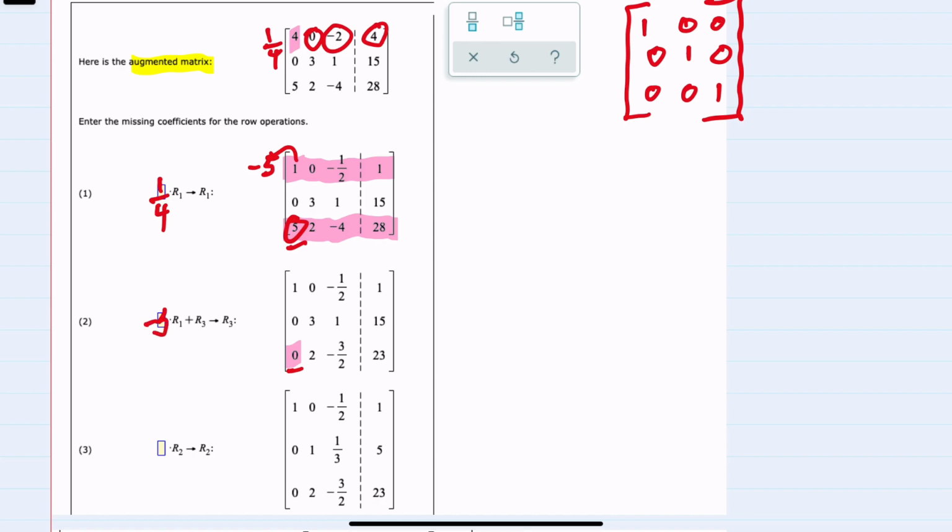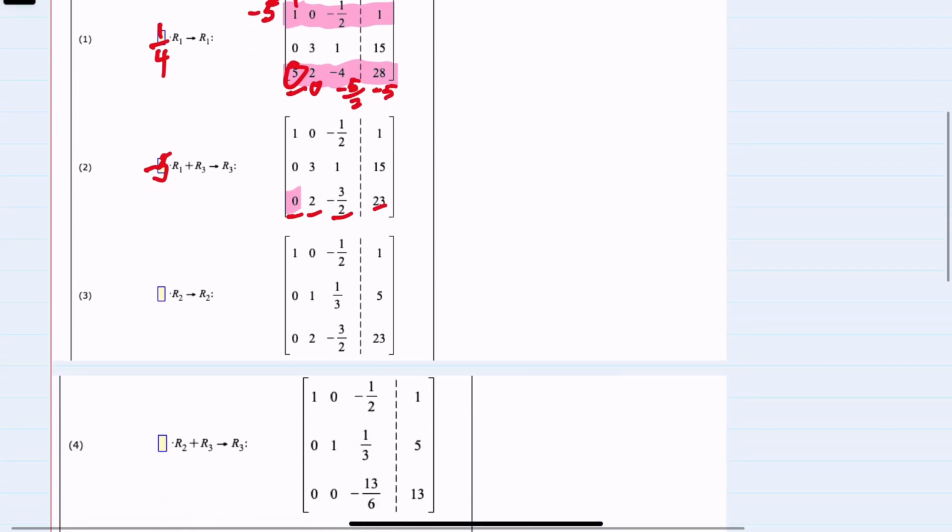So I know this is -5 times that first row. And I notice that afterwards -5 times 0 would be 0 plus 2, still 2. -5 times 1/2 would be -5/2 plus -4 is that -3/2. And -5 times 1 would be -5, plus 28, our 23. So our second step is completed.